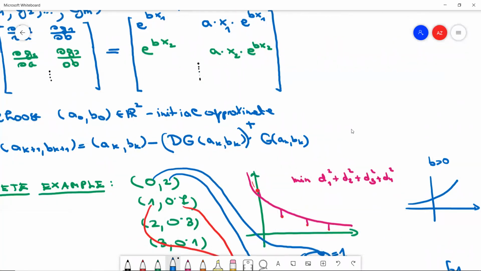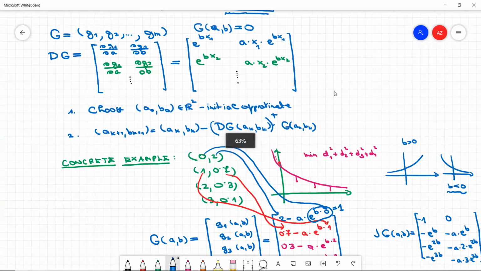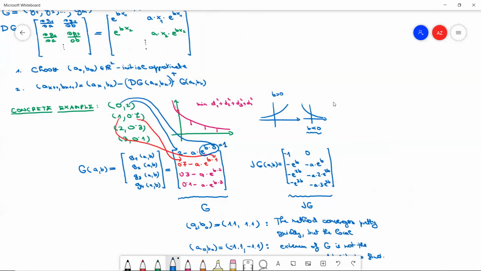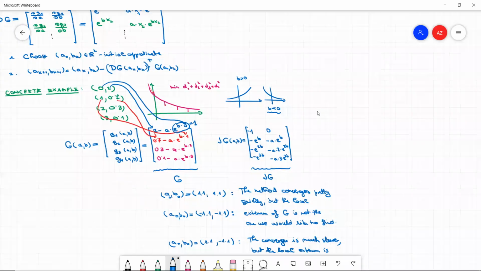I've got one question also. So in this example, when the solution wasn't the one we were looking for, the method still converges. But in this case, where there are more constraints than variables, how many times does this method not converge? Oh, it's a very difficult question.